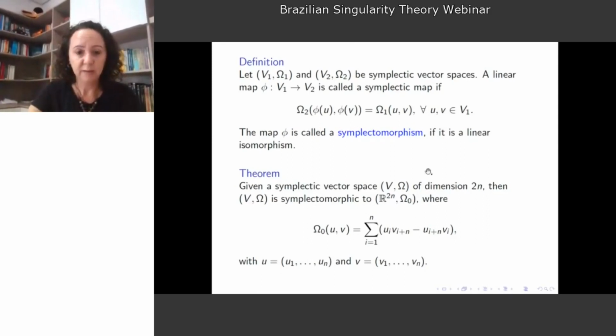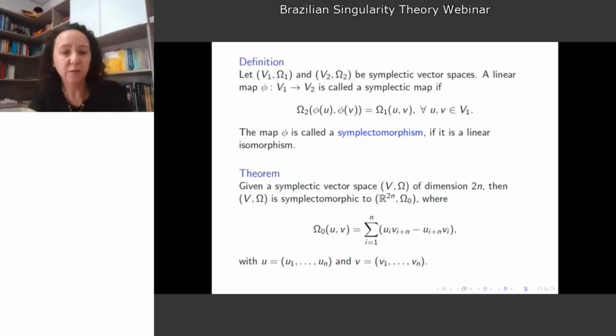And we can define the symplectic vector space not only from the linear algebra point of view, but in the study of manifolds, we change the vector space by a manifold, change the bilinear form for a differential two-form, and the properties of skew symmetry and non-degeneracy we change by the two-form being closed and non-degenerate.